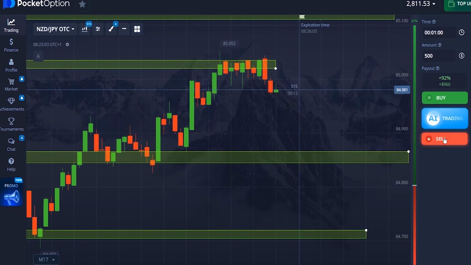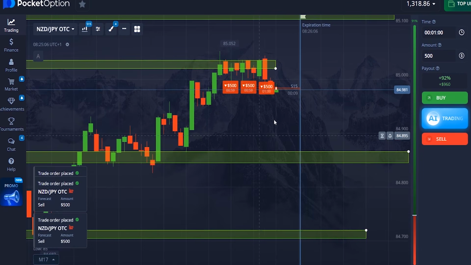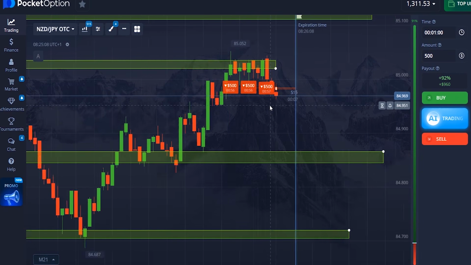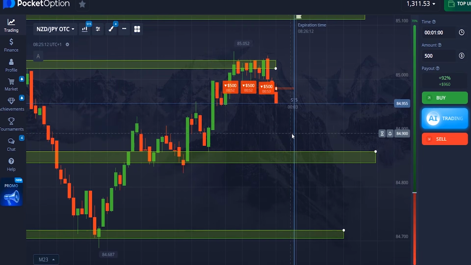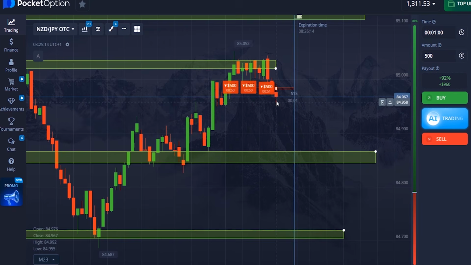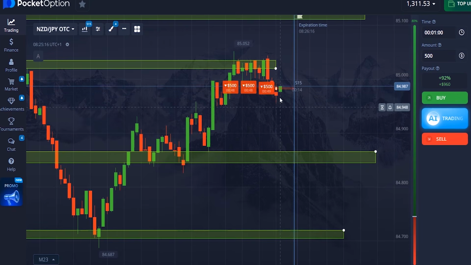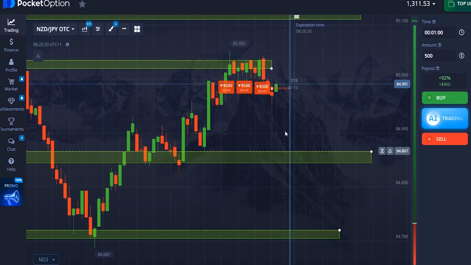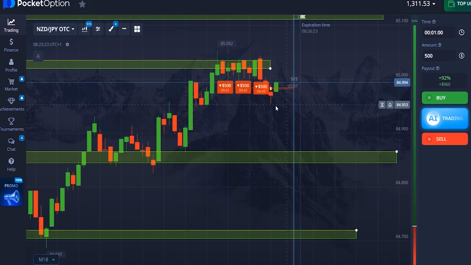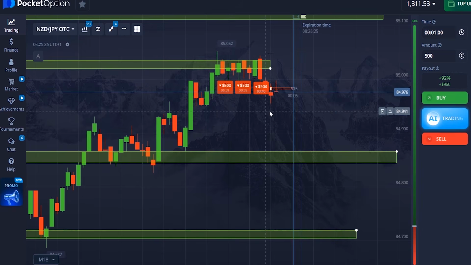So right here I can go for a down position. Basically I'm hoping the market moves down to this support zone. I have 41 seconds to go.